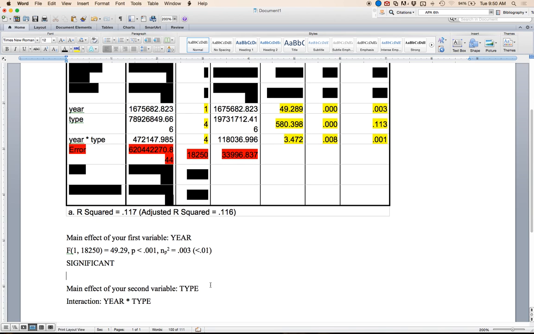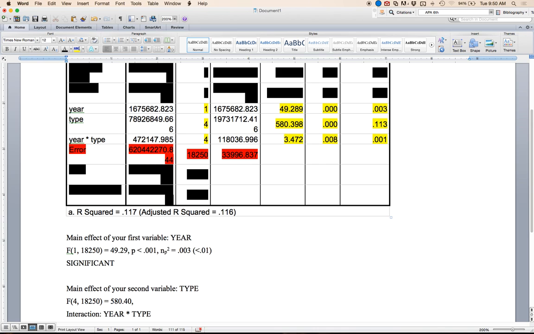So I'm going to do all my F's at once. For type, I now have 4 because I had 5 levels minus 1. It's still 18,250 as my second number. My type F is 580.4.